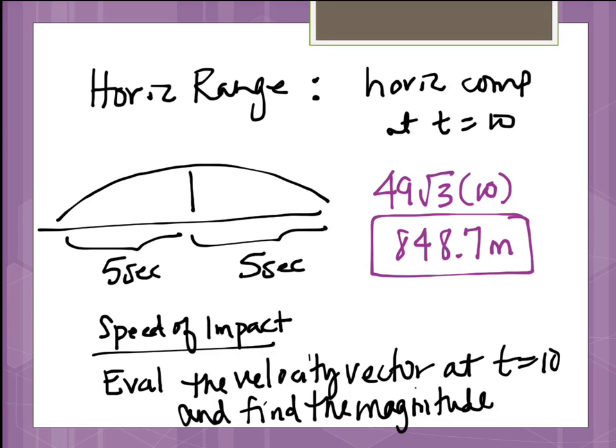So is everybody okay with processing the question and why it's asking us to do this? Okay? All right. So we're going to evaluate the velocity vector at t equal to 10. What was the velocity vector? And we can do it without the sine and cosine thetas in there because we evaluated it already at our theta, so we can use those pieces.